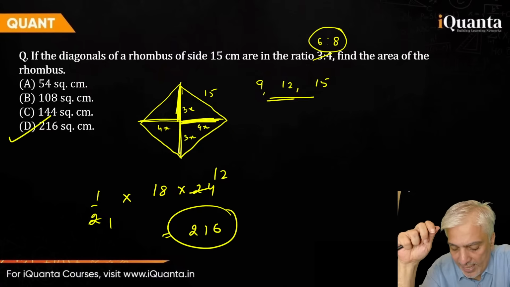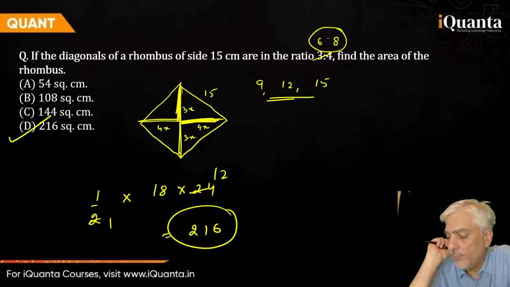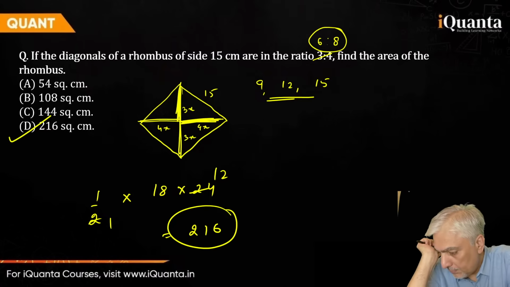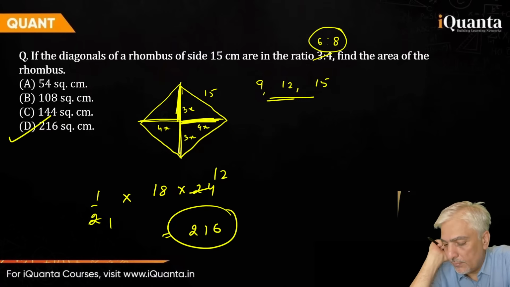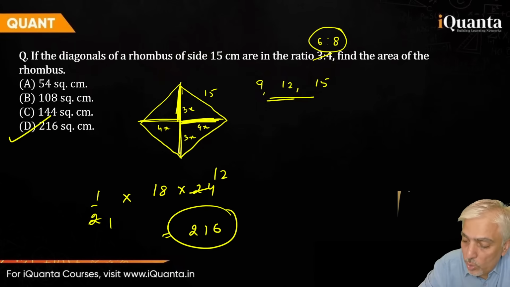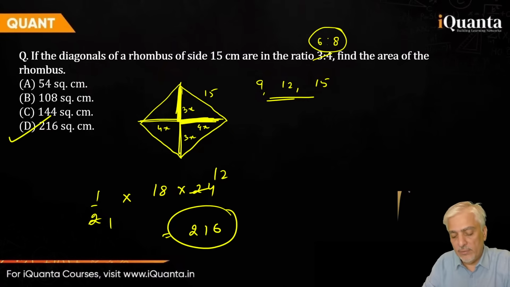How are so many people getting A? What mistake are you all making? Nine and 12 are only this much. Or else find the area of the triangle and multiply by 4. Guys, you all cannot make such mistakes at the last time.